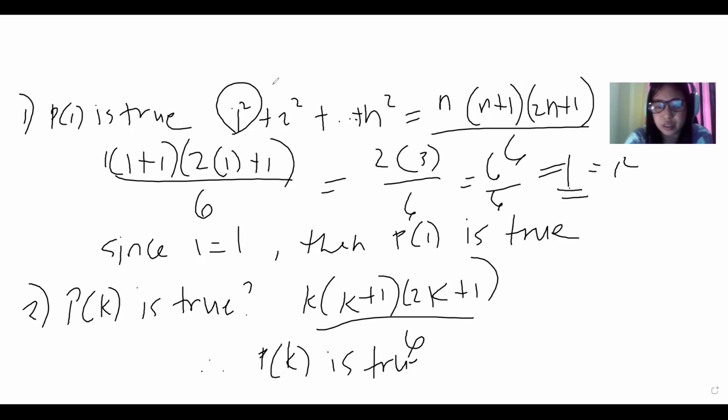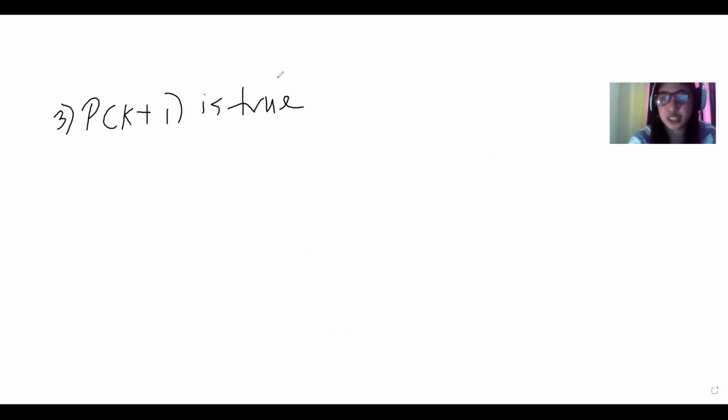So let us move to step number 3. For step number 3, we are also going to show that it is true for P sub k plus 1. To show that P sub k plus 1 is true, first we will substitute k plus 1 in place of n.